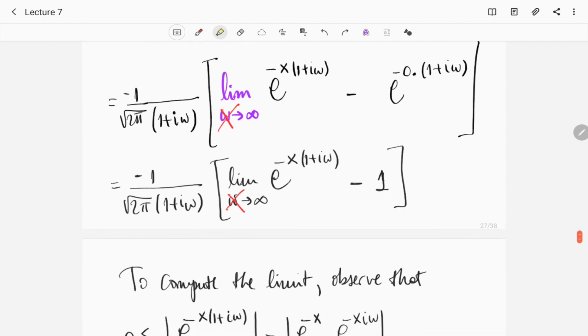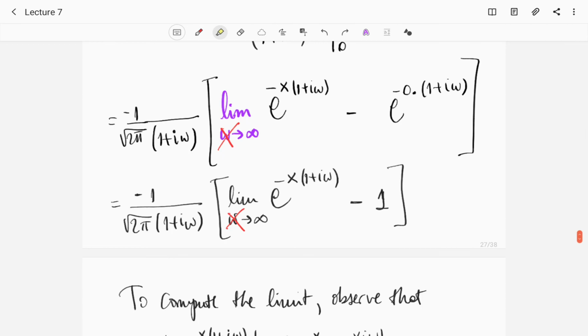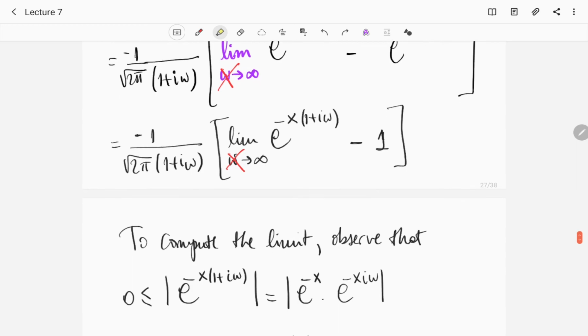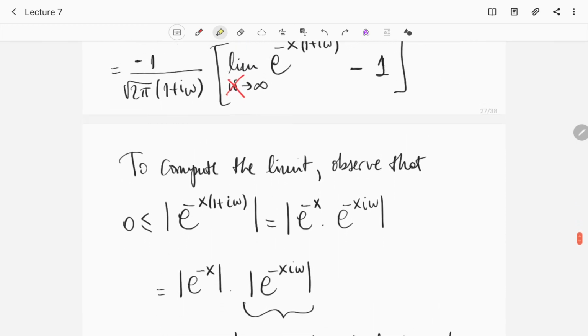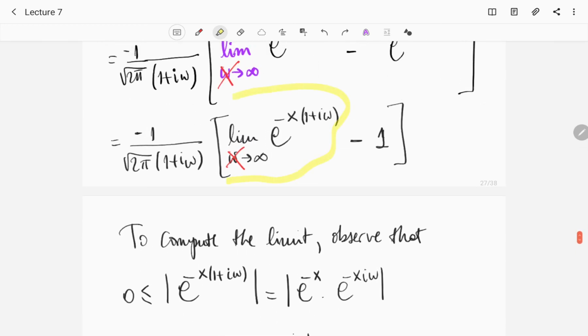So now everything is okay apart from this limit, because we still have to compute it, but here we get a 1, and that's what we have here. Okay, and now we need to compute this limit. The limit of x going to infinity of the exponential to the power minus x times (1 plus i omega).